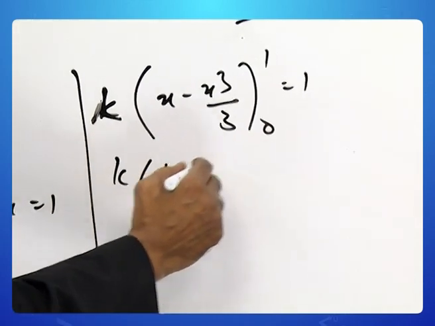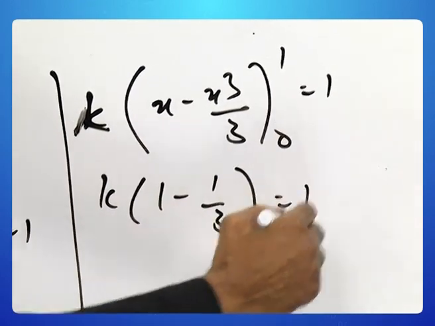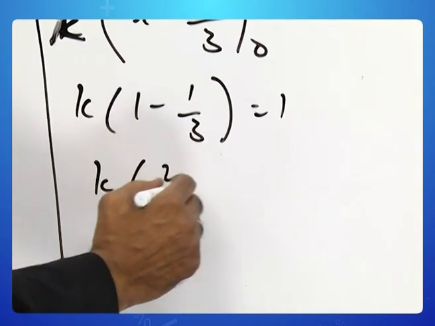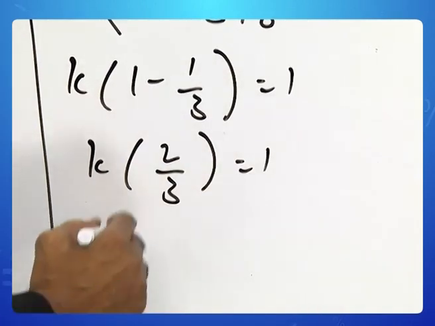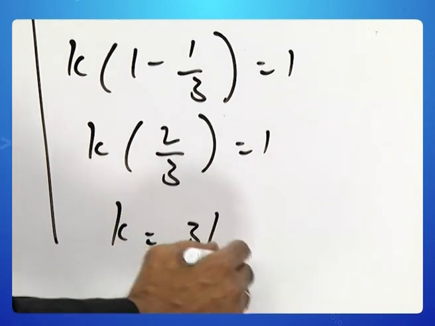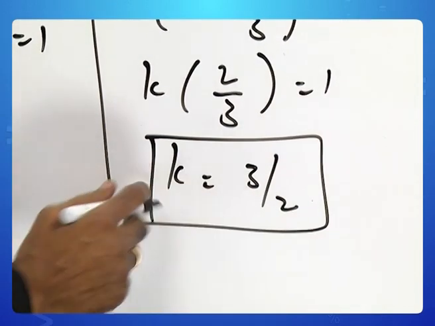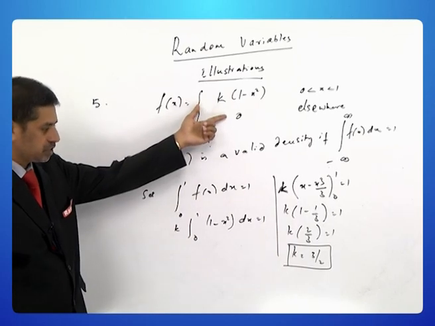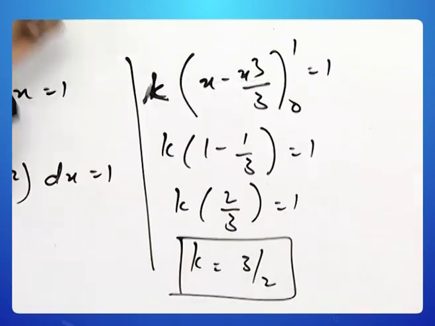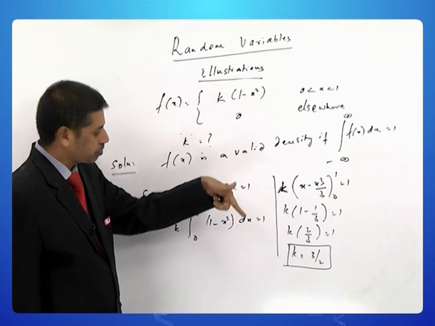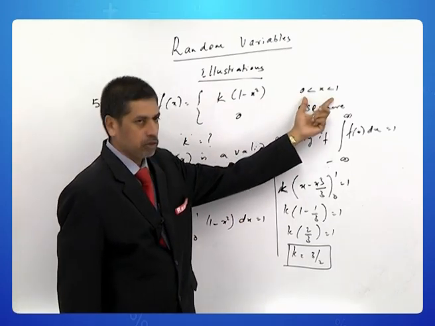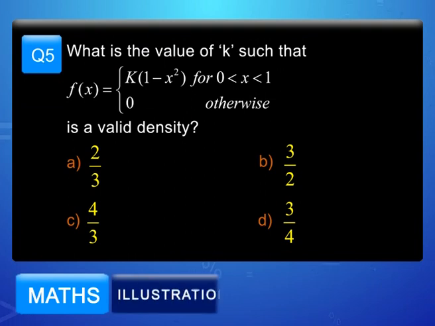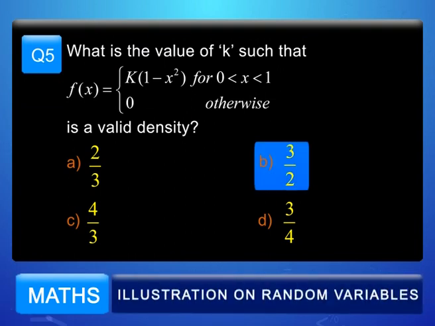So k times (1 minus 1 by 3) is equal to 1. K into 2 by 3 is equal to 1. So k is equal to 3 by 2. So for this value of k, we can call this a density. Once you use this value of k here, you can estimate any probability, of course within this range only. Okay, the correct option for this problem is B.